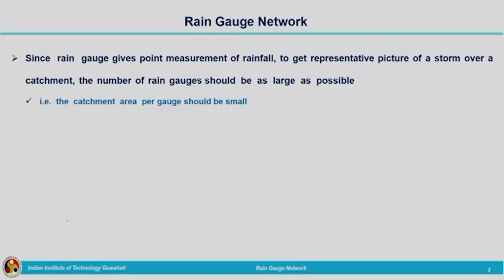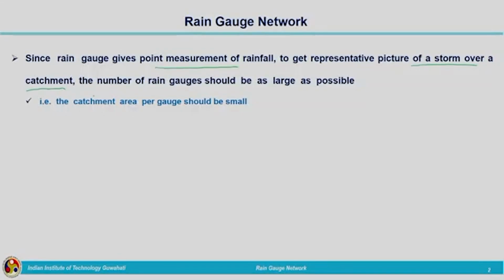Now, let us look into the rain gauge network. As I told you, rain gauges give us point measurement of rainfall. So, that rainfall we are considering as the storm over a catchment. If we have a single rain gauge at a particular location within a certain area, we are assuming that the rainfall data measured by that rain gauge will give us the details about the rainfall in the entire catchment.